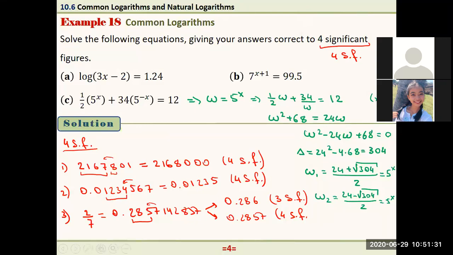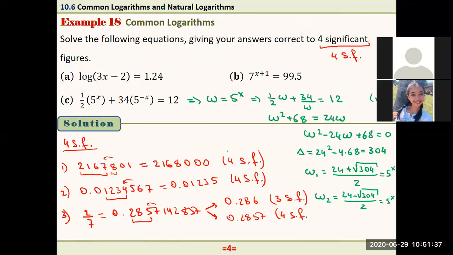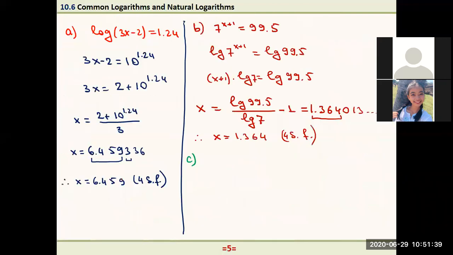What we have here is, if we continue the part C, if you just look at the first one, for example, take the common logarithm of both sides, what we have here? Common logarithm of 24 plus square root of 304 over 2, that is equal to common logarithm of 5 to the power x, right?